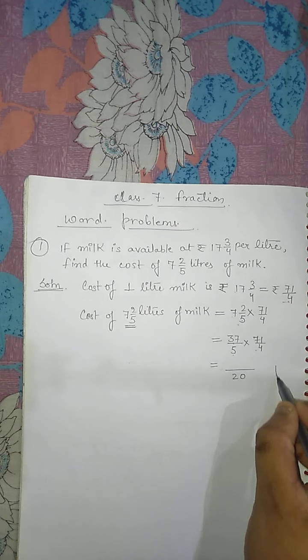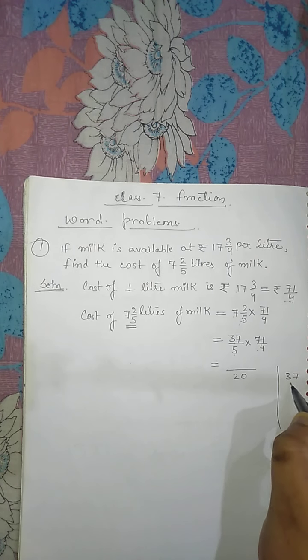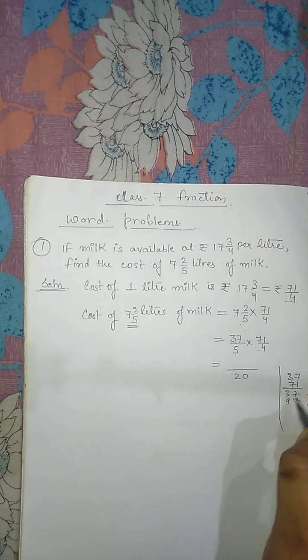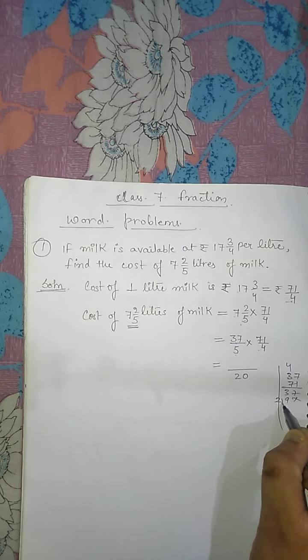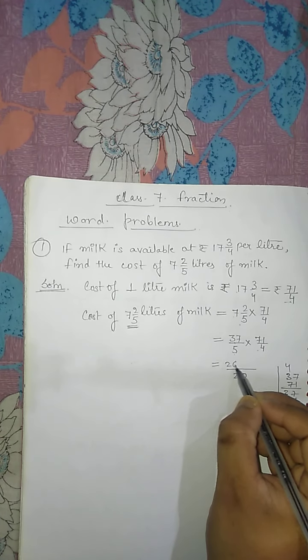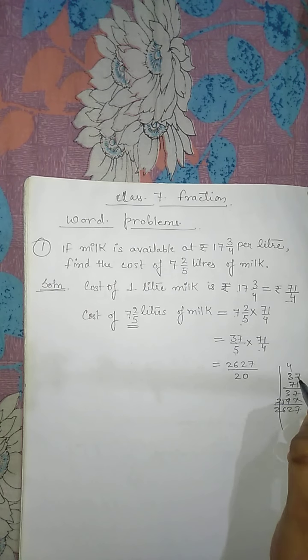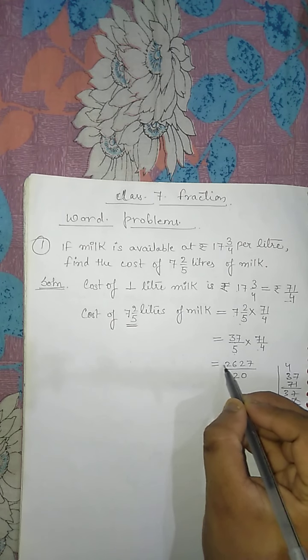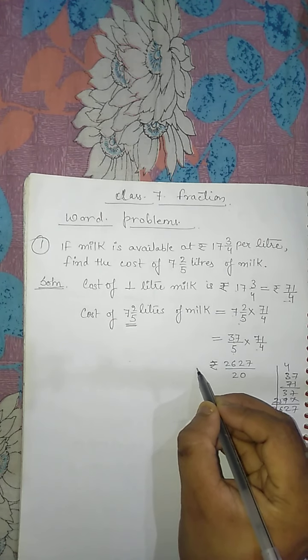Multiply this. 37 into 71. Here comes 2627. Okay, this is the total cost.